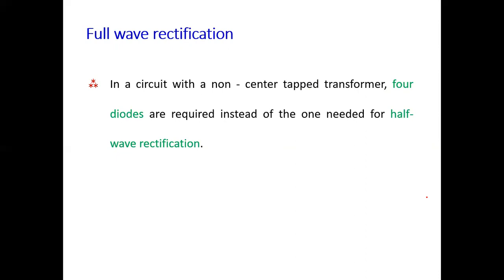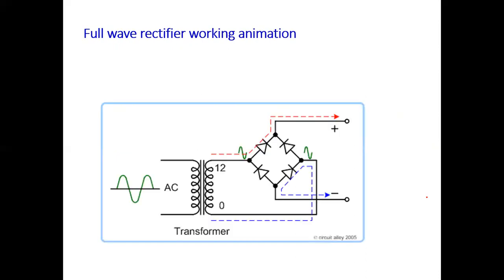So that is bridge rectification, which is also a full rectification. In a circuit with a non-center tapped transformer, four diodes are required instead of the one needed for the half rectifier. So in this circuit, they are using four diodes to get the output of full rectification.